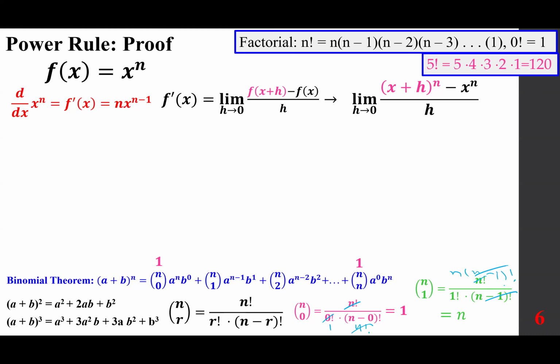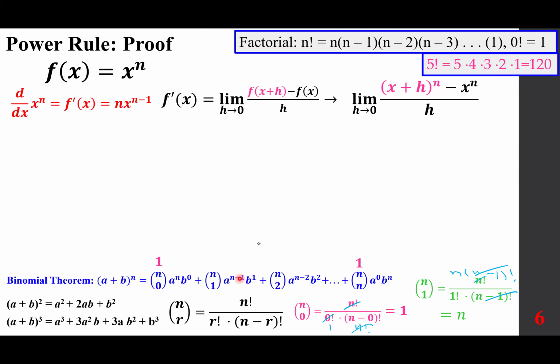Now, why are we writing those? Let's find out. To expand this, according to this one, it becomes n choose 0, which is 1, times a to the power of n, which is x to the power of n, times b to the power of 0, which means h to the power of 0, which is 1. So simply put, this one is x to the power of n.